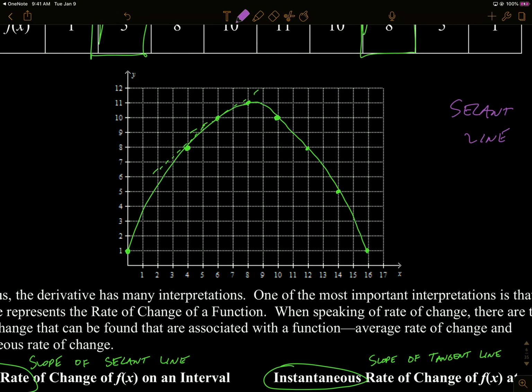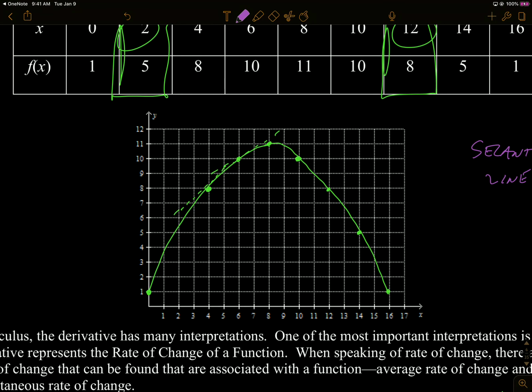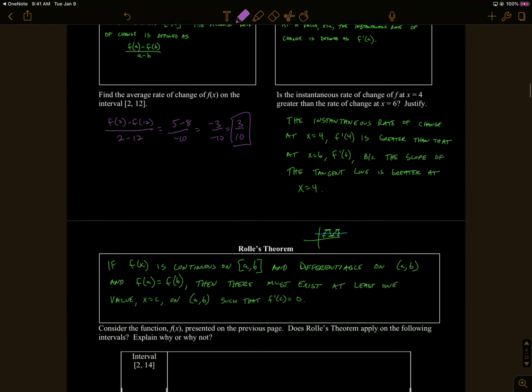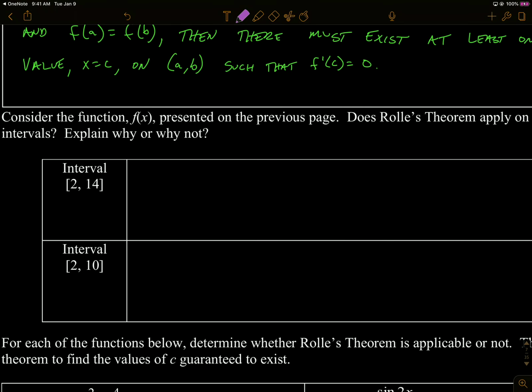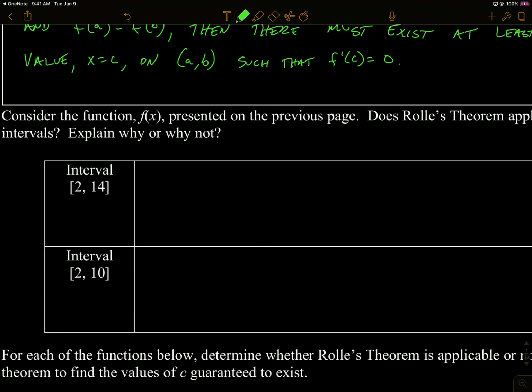From 2, which was, what was the x value? 2, 5. To 14, 5. So if we're looking on this interval, is Rolle's theorem applicable? The answer is yes. Let's write why that is.